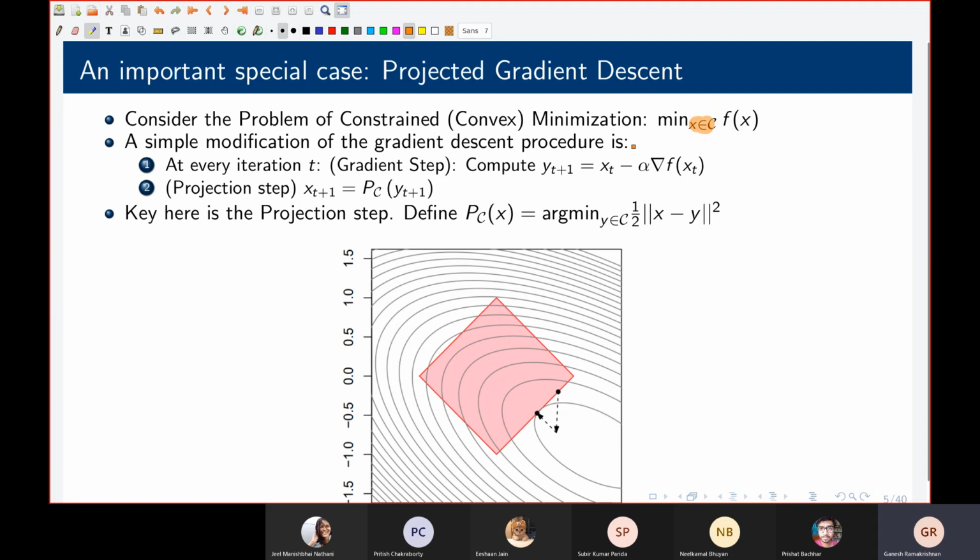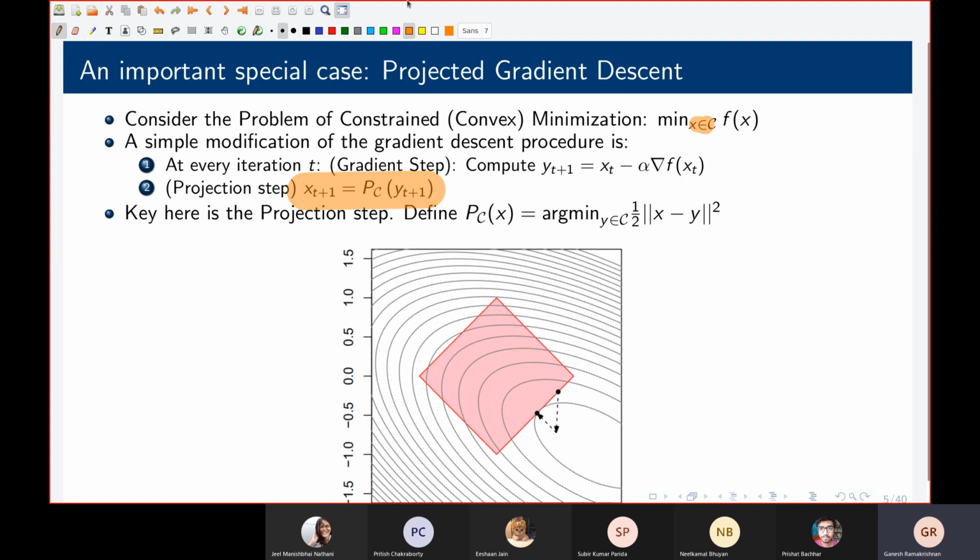You do your routine yt plus 1 equals xt minus alpha gradient f xt, and xt plus 1 could have been projected into the set C by a projection operator applied on yt plus 1. Okay, so this is the idea, and you can see an illustration of the same here below.